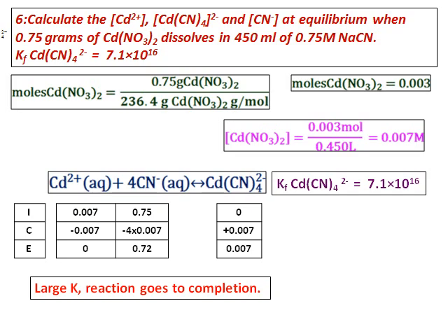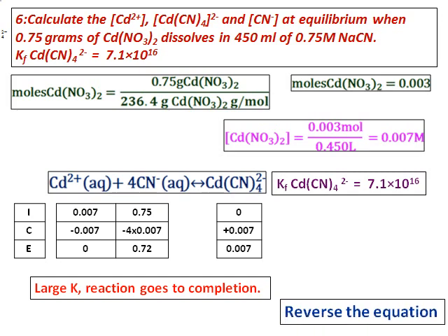Therefore the change will be minus 0.007 and the amount of product formed will also be equal to 0.007. So at equilibrium, I will have 0 as the cadmium ion concentration, the concentration of cyanide will be 0.72 and the complex concentration is 0.007.